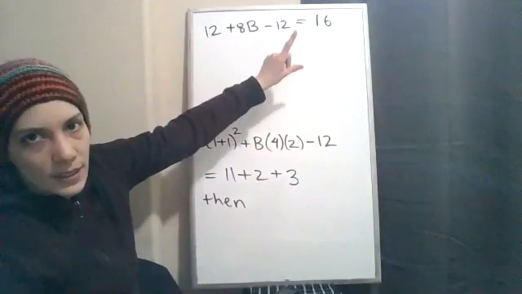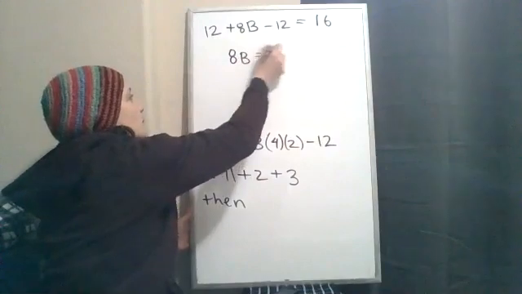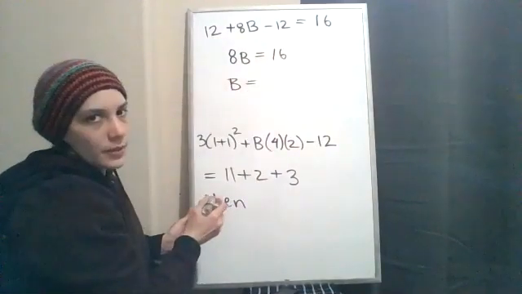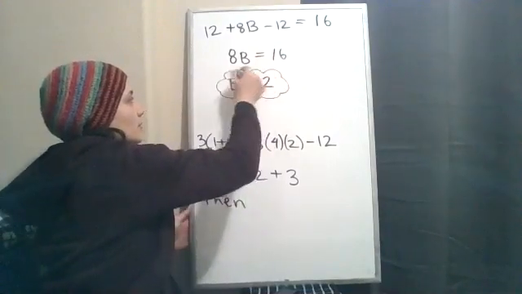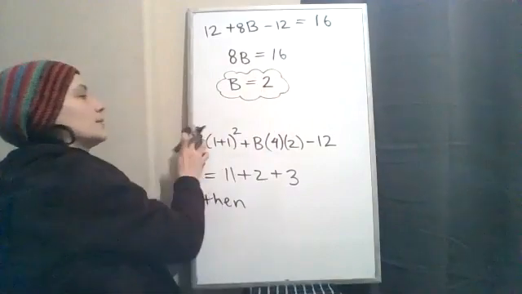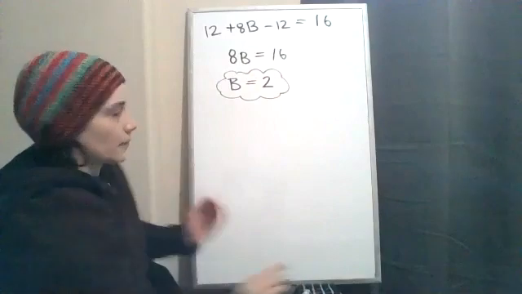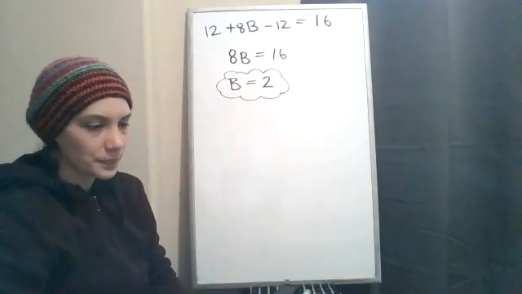Okay. 8b equal to 16. And b is equal to 2. Okay, so we have A and B and C.